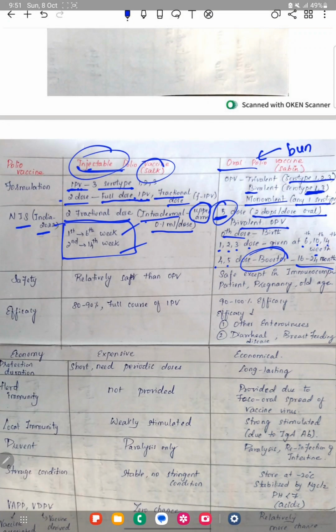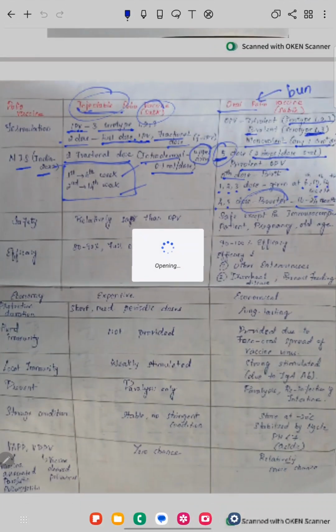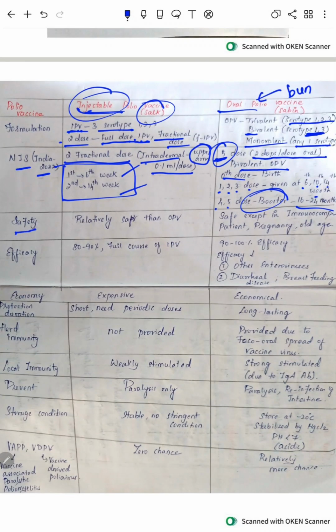Safety: IPV is relatively safer than OPV. This is safer, but it does not provide safety for immunocompromised patients, pregnant people and old age people.